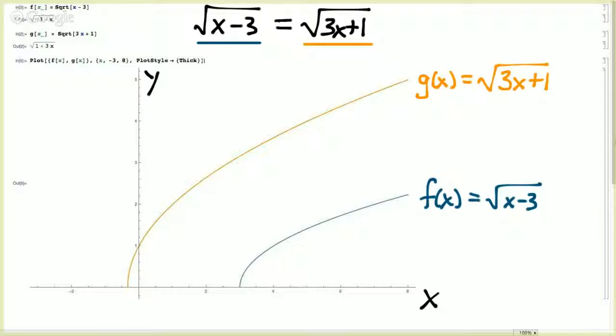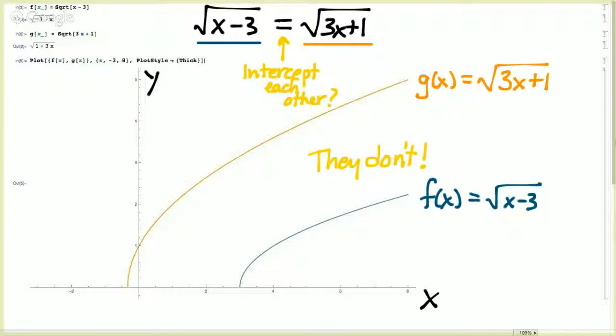After all, that's what you're doing when you set one expression equal to another expression. We want to find out where these graphs cross. Where do they intercept each other? But if we look at these two graphs, it should be pretty clear just from their shapes that they don't. These two graphs never cross one another's path.